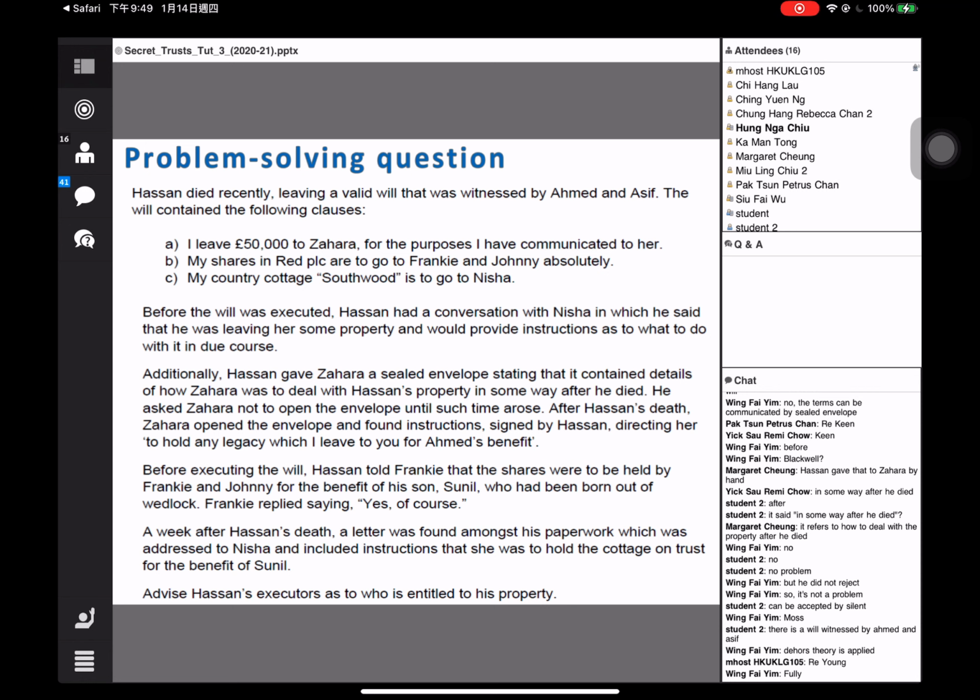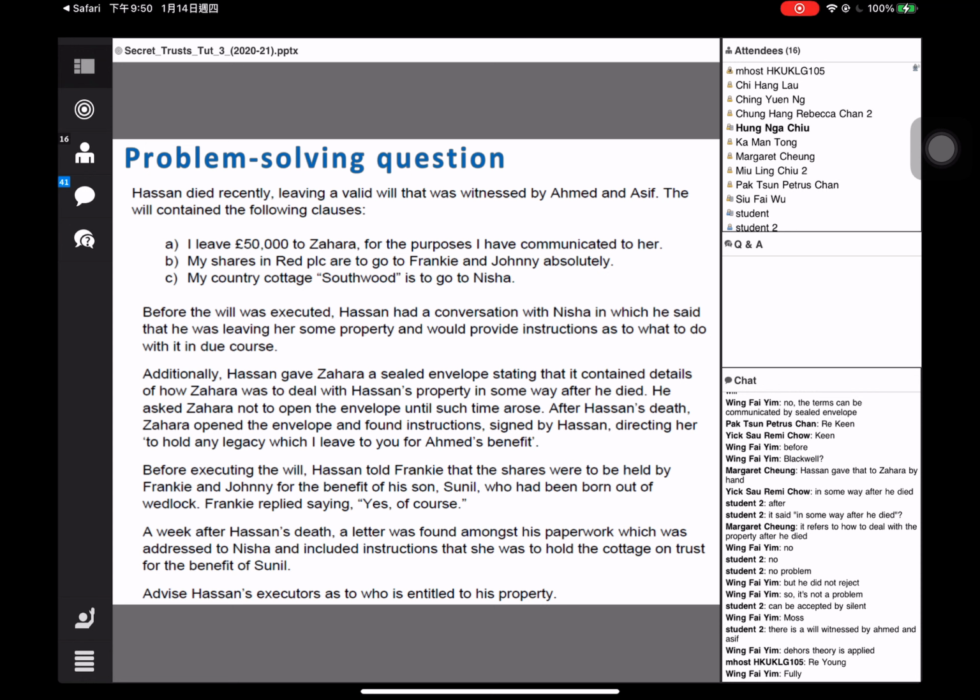These are in Ottaway and Norman. Remember, it's the same as half-secret trust. You need to show intention, communication, and acceptance. But of course, remember the communication and acceptance must take place at any time before Hassan dies. Okay, it can be at any time before he dies. Okay, Ottaway and Norman. But there is an issue here that I need to draw to your attention, because sometimes the examiner may slip this in.